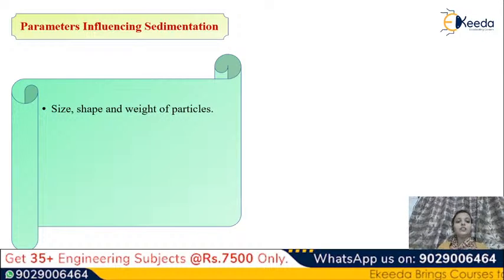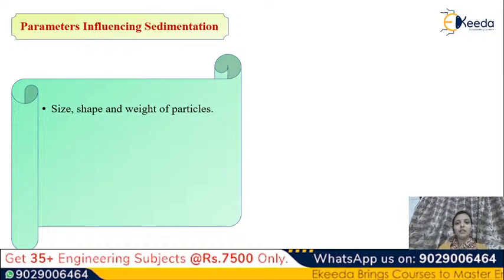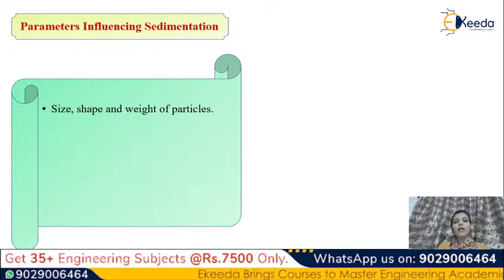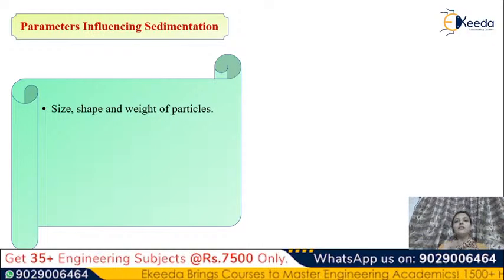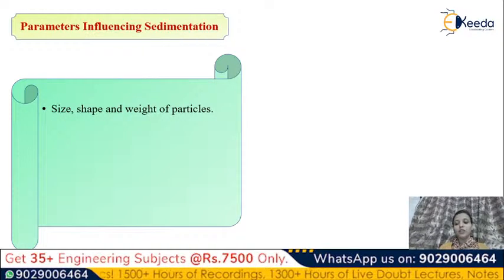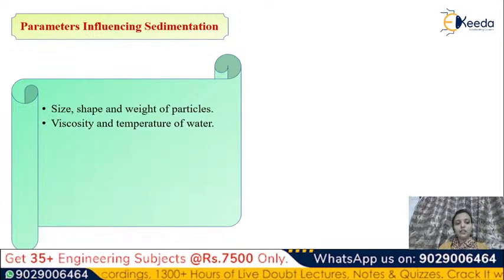First is size, shape and weight of the particle. For example, as I told many times, only particles whose specific gravity is greater than 1 will settle down in the sedimentation process. But particles whose specific gravity is less than 1 cannot be settled in sedimentation. So that is the influencing factor, size, shape and weight of the particle.